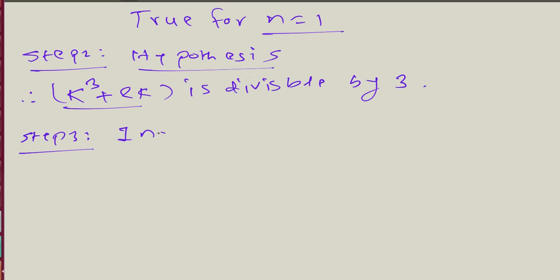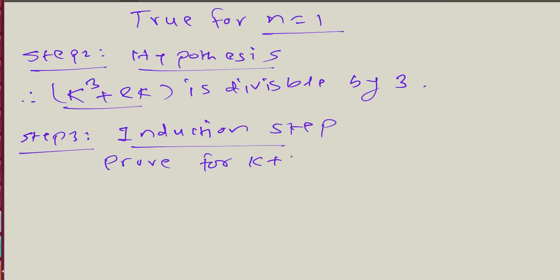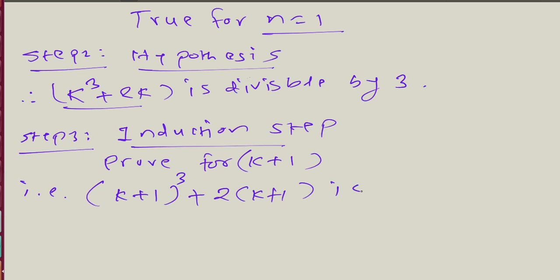Induction step. Here we prove that the theorem is true for k plus 1. So that is, k plus 1 whole cube plus 2 into k plus 1 is divisible by 3.